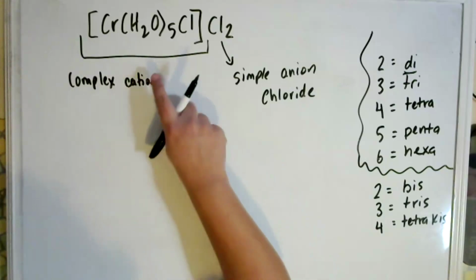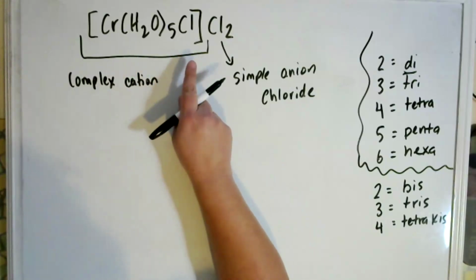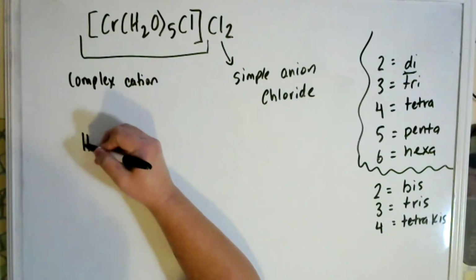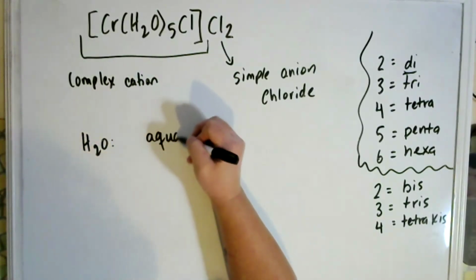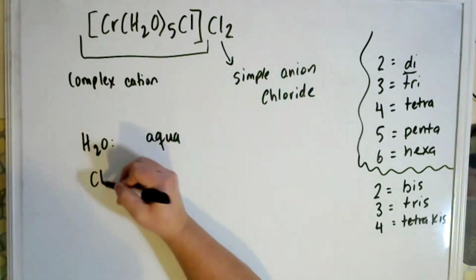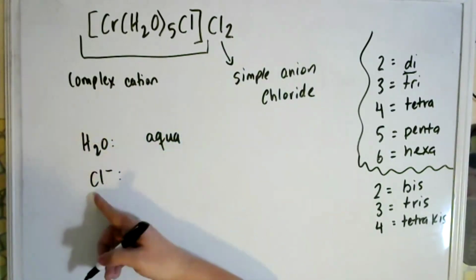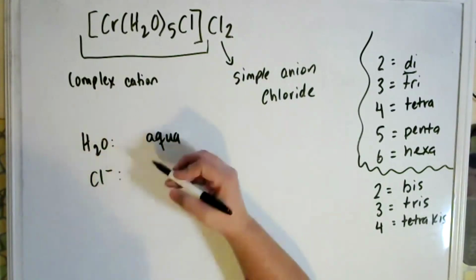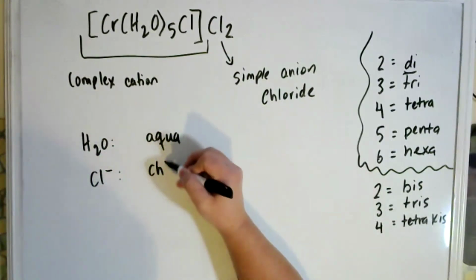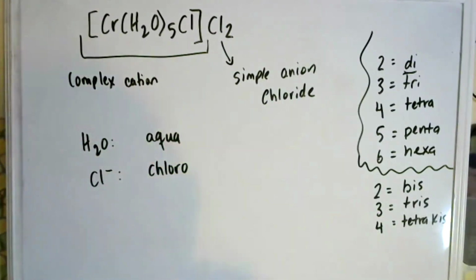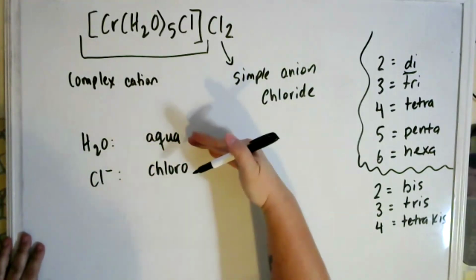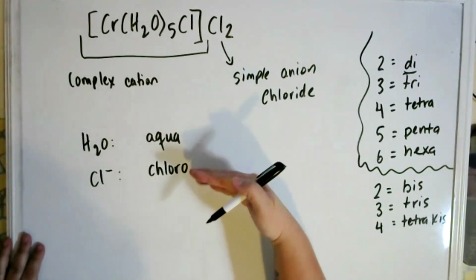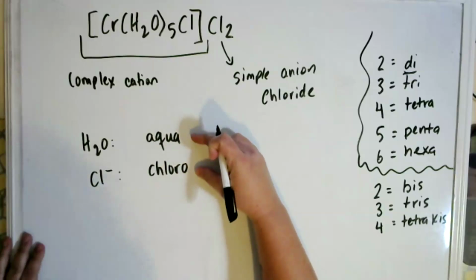Okay, so I've got H2O and I've got Cl. I know that my H2O ligand is going to be aqua, and I know that my Cl ligand is actually Cl minus, the chloride ion, and it's going to be chloro. Now when I'm putting the name together, I want to list the aqua before the chloro because I want to put these in alphabetical order.